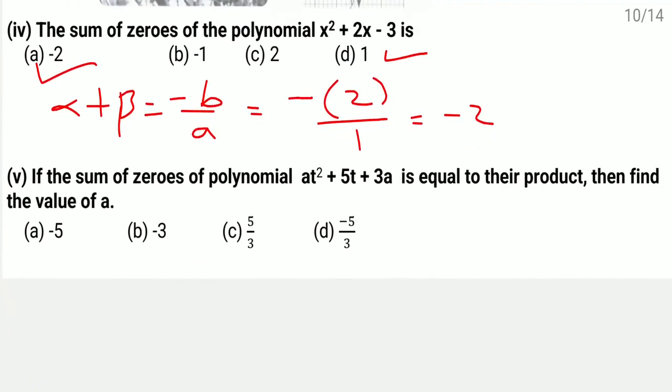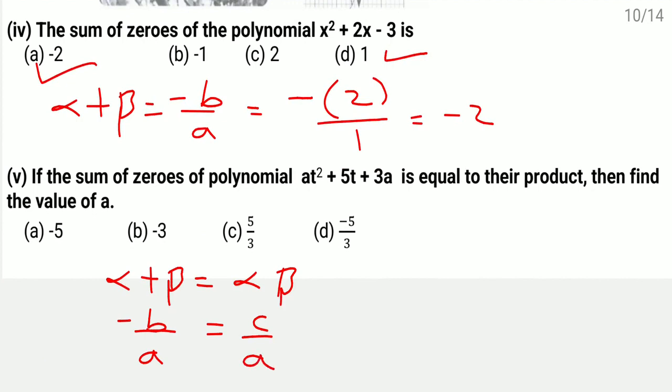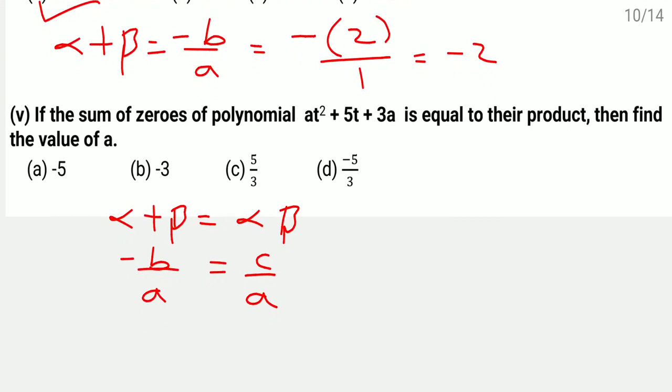If the sum of the zeros of the polynomial a t square plus 5t plus 3a is equal to their product, that means they are saying alpha plus beta is equal to alpha into beta. We know the formula, minus b by a, which is equal to c by a. And they asked us to find out the value of a.